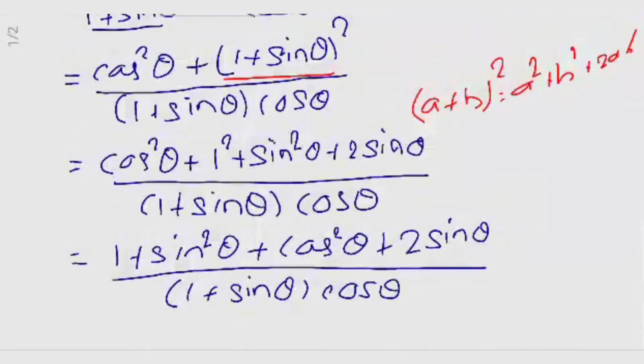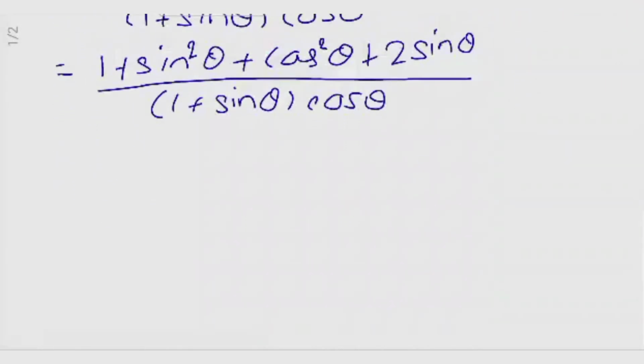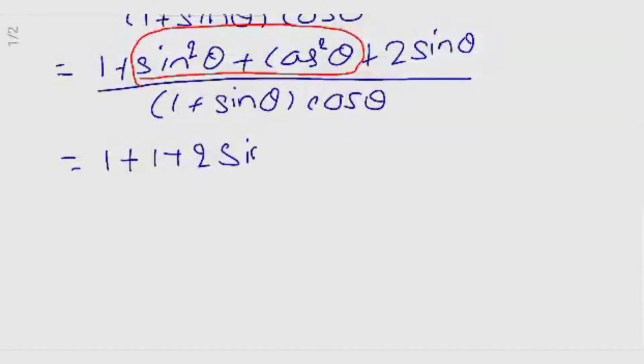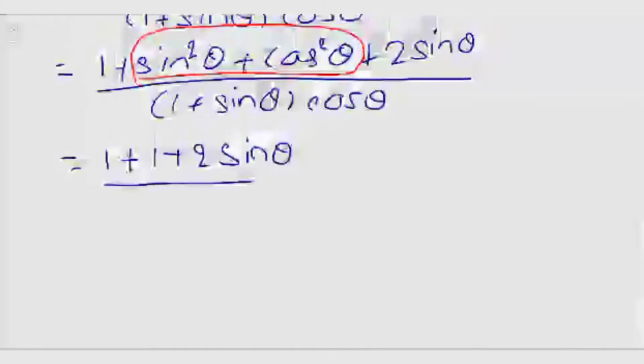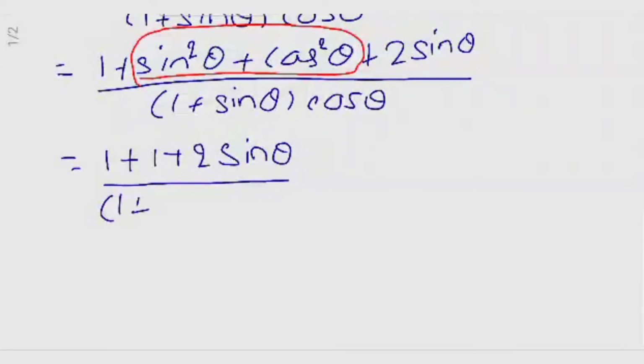Is it clear? So now here see, here is sin square θ plus cos square θ, so it is 1. It is a standard identity. Already we proved this one also, right? So here we got 1 plus 1 plus 2 sin θ, this divided by (1 + sin θ) cos θ as it is.